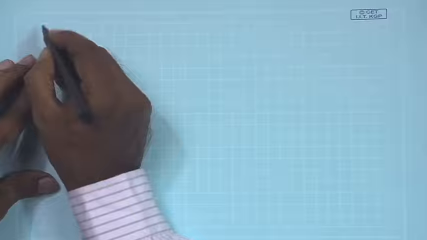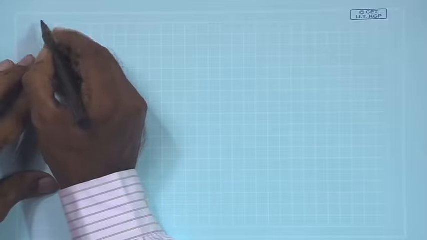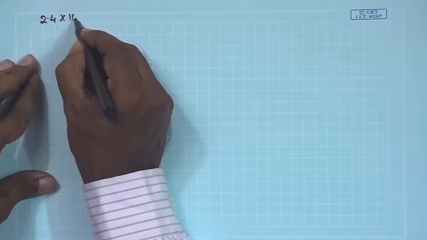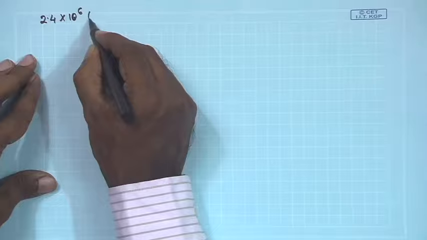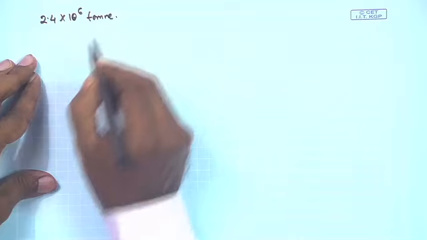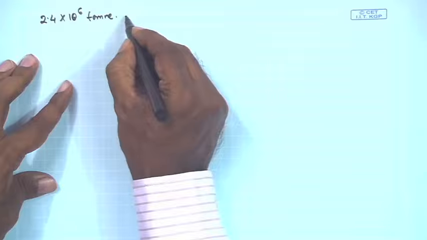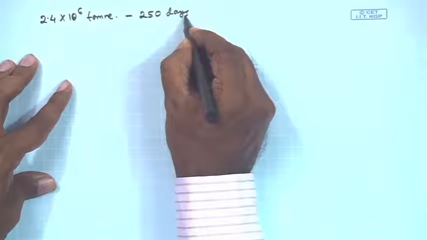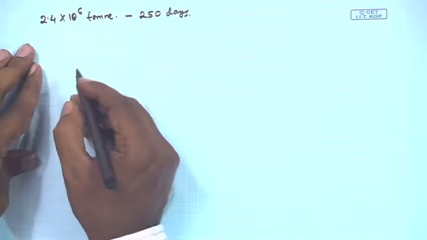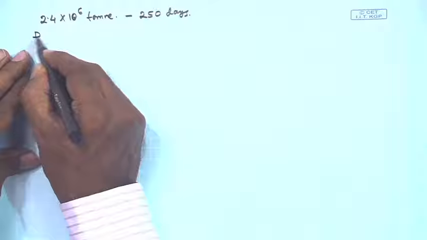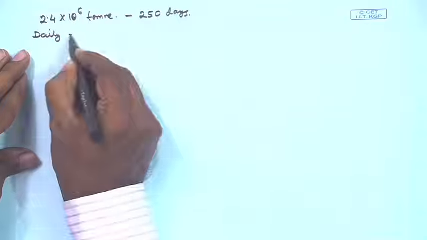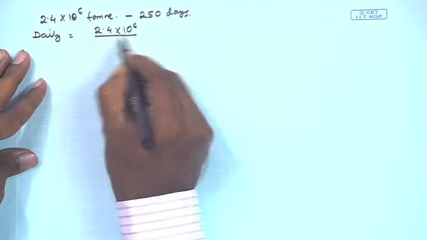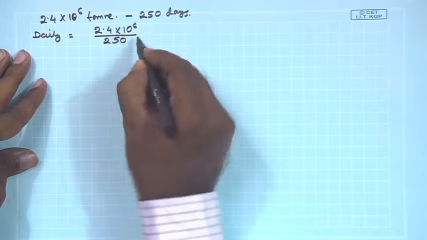First, let me write down the pertaining data given here. Our yearly production target is 2.4 into 10 to the power 6 ton, which has to be achieved in 250 working days. So, our daily production target is 2.4 into 10 to the power 6 divided by 250 ton.